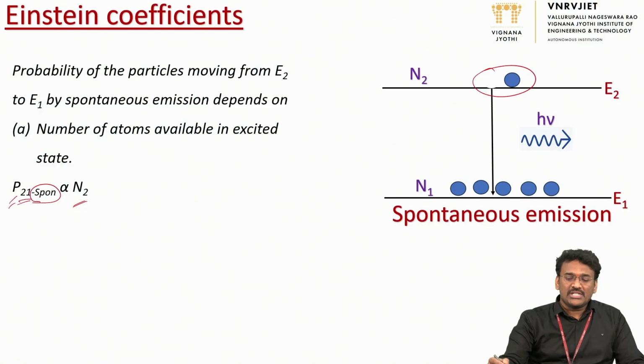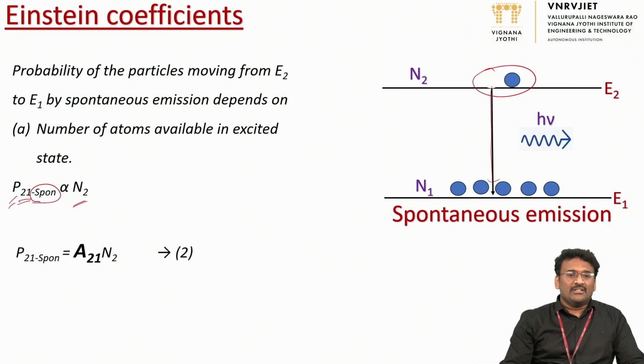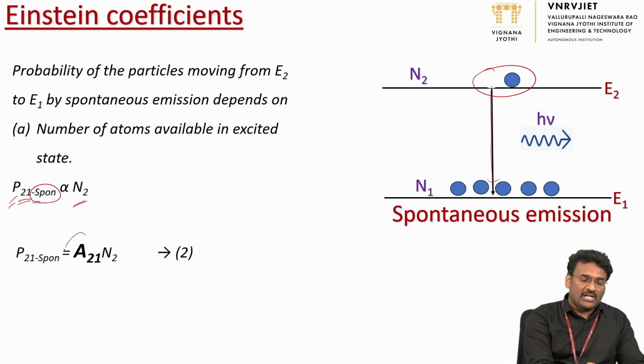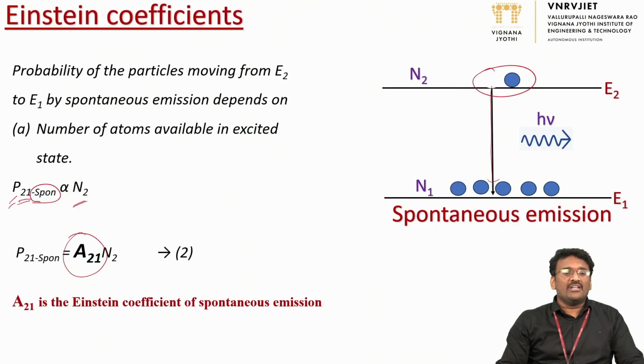Here we are not using any external energy for the de-excitation. Now by removing this proportionality we write a constant A21. This A21 is called the Einstein coefficient of spontaneous emission. I'm repeating, A21 is the Einstein coefficient of spontaneous emission.